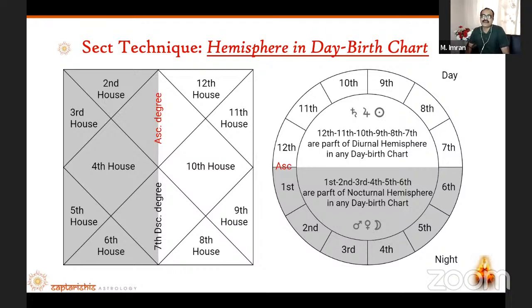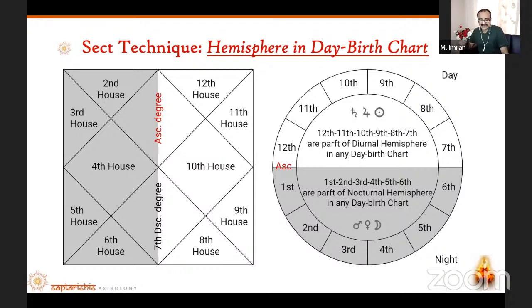But for a daytime chart, Saturn may behave somewhat like a functional benefic. I'm using the word functional for the ease of the Indian audience, right? And Jupiter is a natural benefic. Good, great. But if you are born in daytime, Jupiter would act as a double benefic, right?